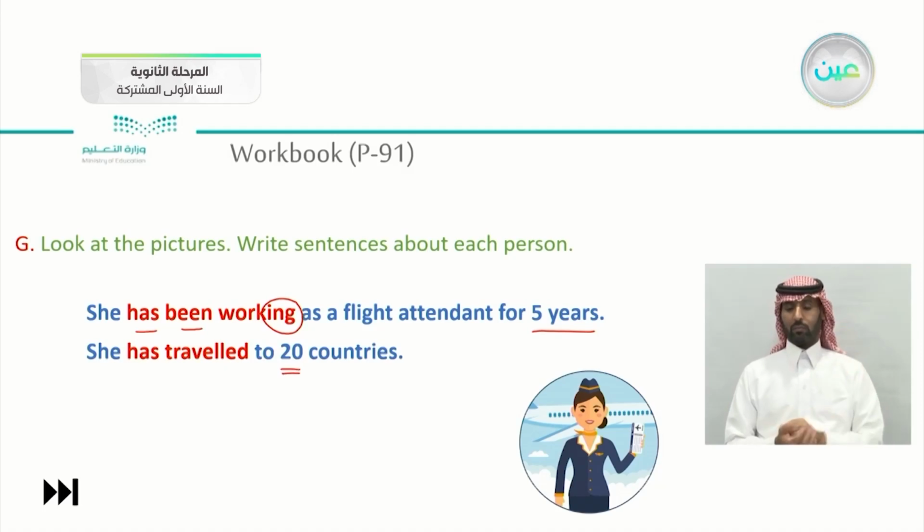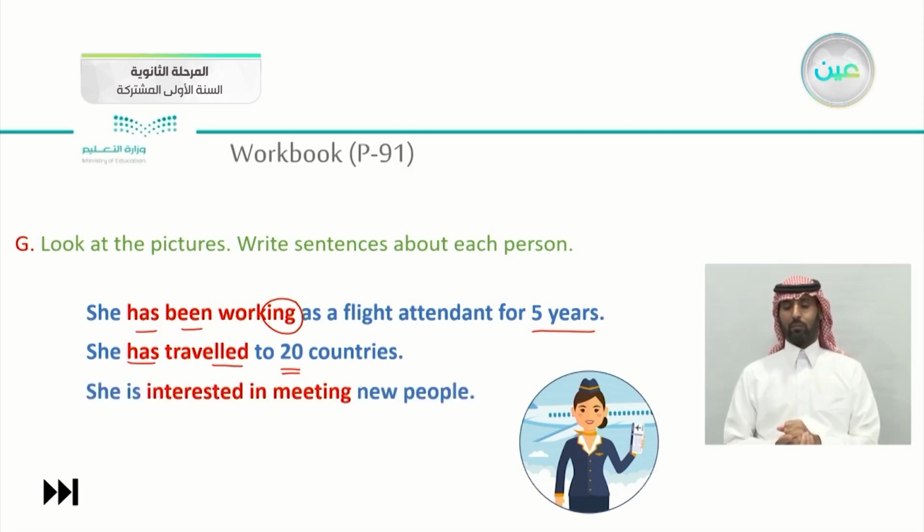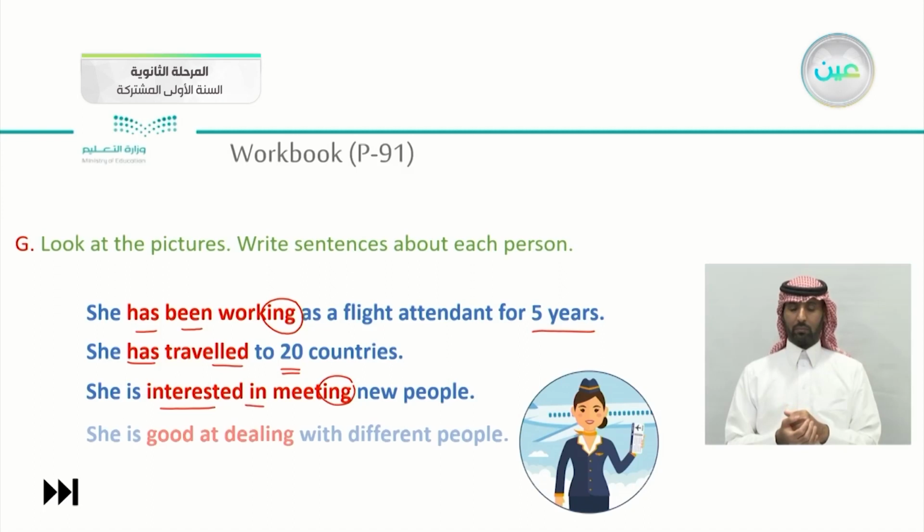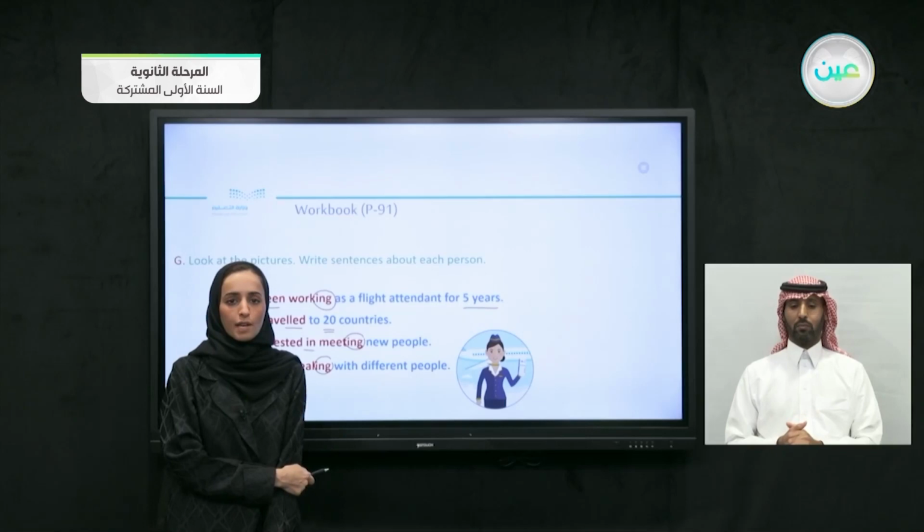Number, has traveled. So, has and verb number 3. One more, she's interested in meeting new people. Interested in doing. And also, she's good at dealing with different people. Good at and dealing. These are about the interests and actually what you are good at.